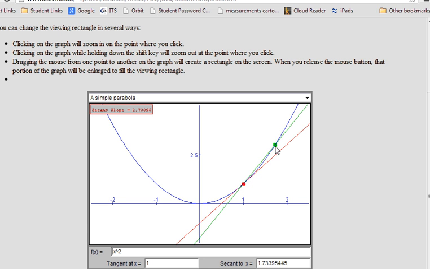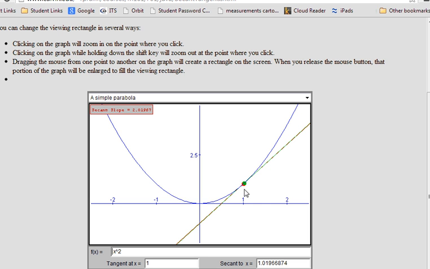Here's my Q. We want to bring this closer and closer, because what happens with our slopes? Do they become really close to each other as it gets closer? Yes. In fact, if we can get so close that it's basically the same point, our secant line and our tangent line are going to have the same slope.